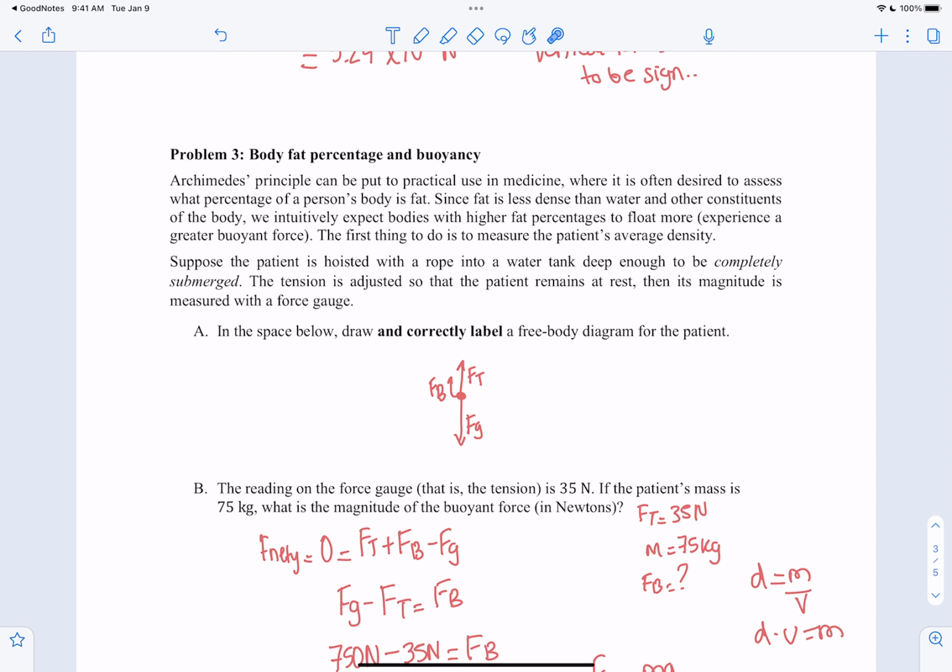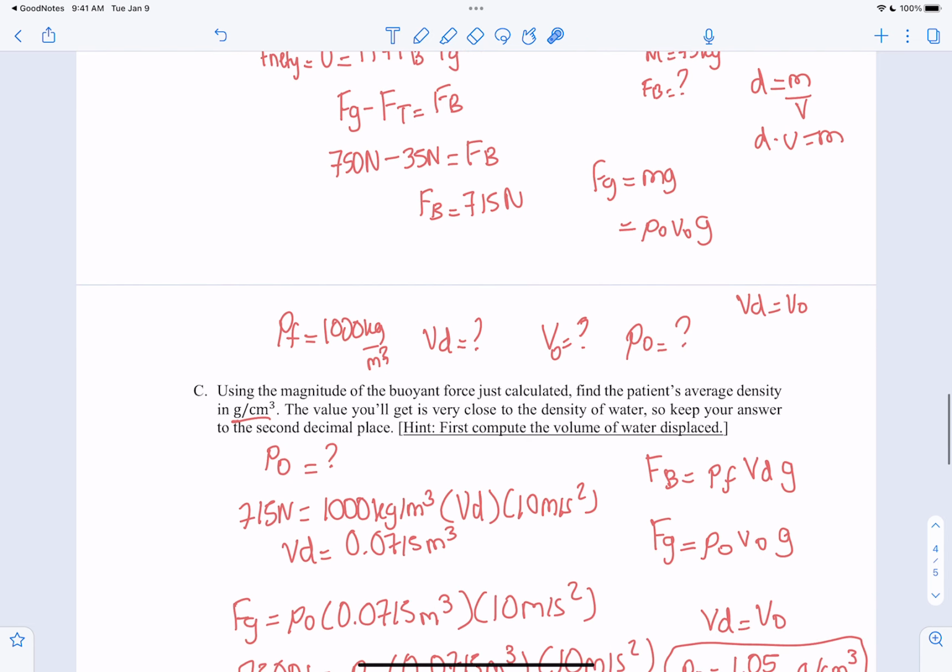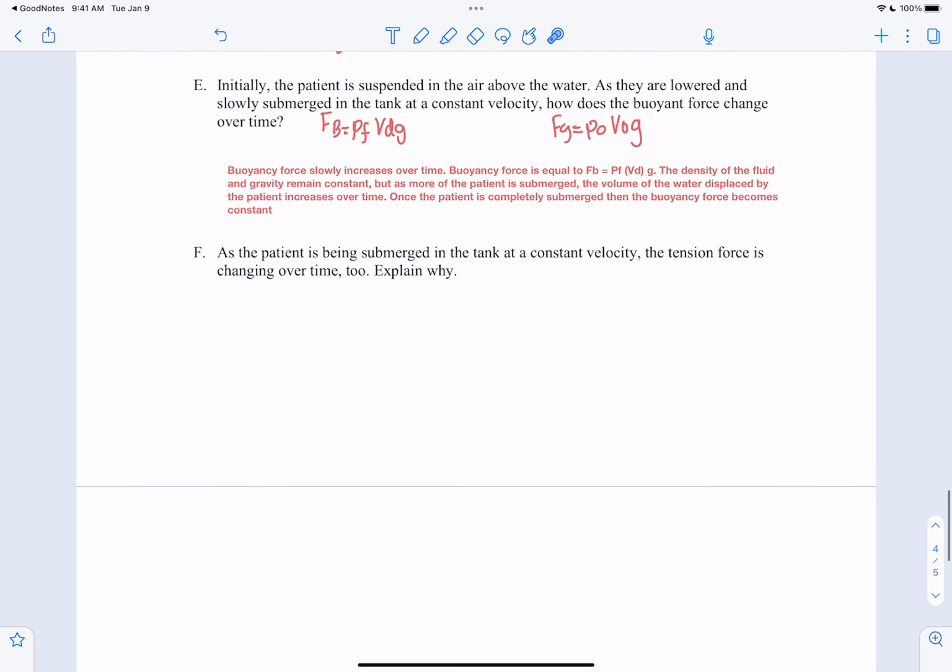We don't want that. We want the patient to remain at rest, so we want the upward forces to cancel out with the downward forces. As that buoyancy force is increasing, we have to be careful about the tension force. Remember how it was funny at the beginning that I drew it in a way where the person looked like they were being hanged into that tank?